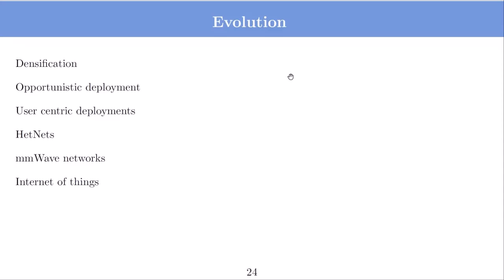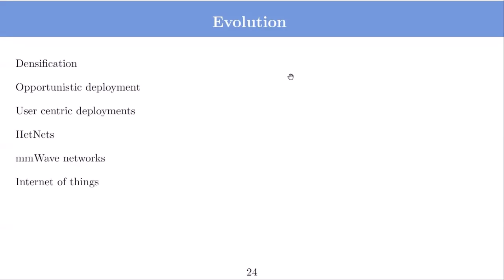So you have one basic base station tower, and then you identify the coverage holes, and then you put some base station deployment there. And because of this coexistence of different technologies, we get something called a heterogeneous network, which consists of many different types of base station.